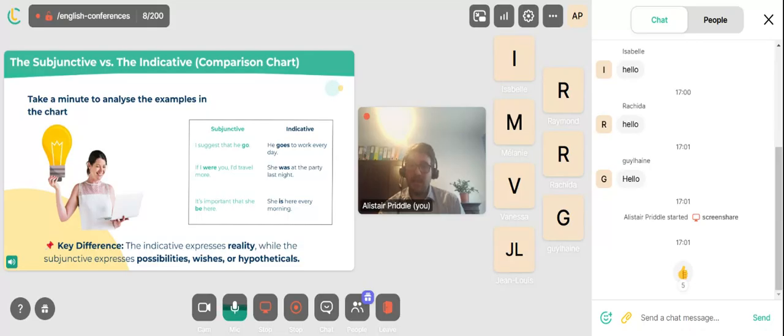She is here every morning. So the key difference between the subjunctive and indicative: the indicative expresses reality, while the subjunctive expresses possibilities, wishes, or hypotheticals, this parallel universe of grammar.